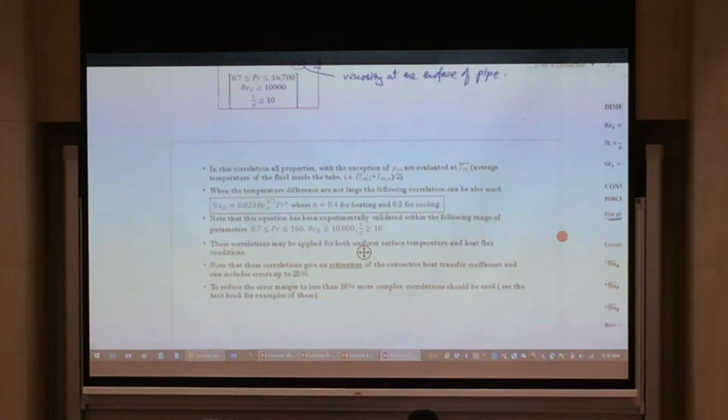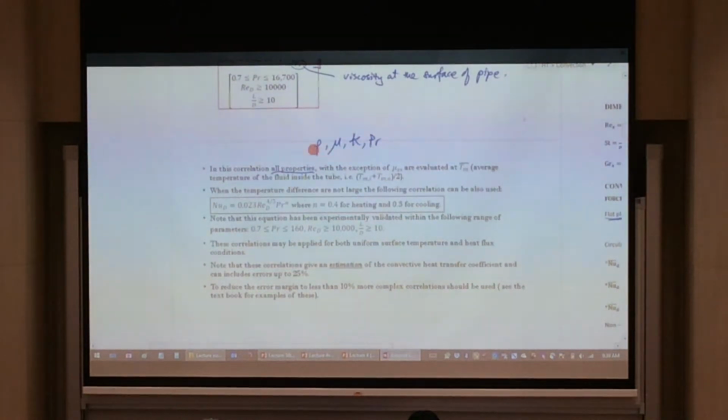So most of the properties, and properties here refers to things like your density, your dynamic viscosity, your thermal conductivity, and, say, your Prandtl number.